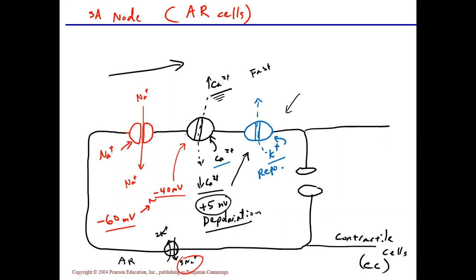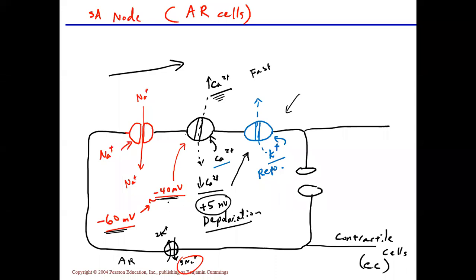All right. So this depolarization a little bit is occurring because it's -70. Now you have less negative, and we said that anytime you're going towards the positive territory, it's a depolarization, but we call it a slow depolarization.